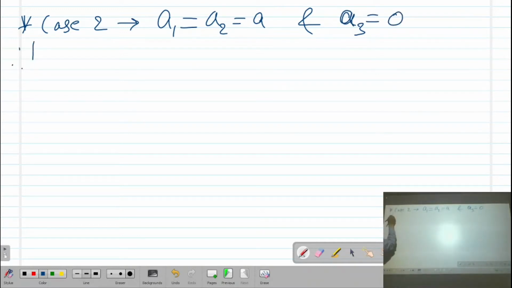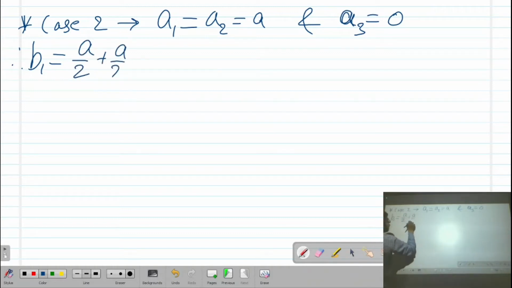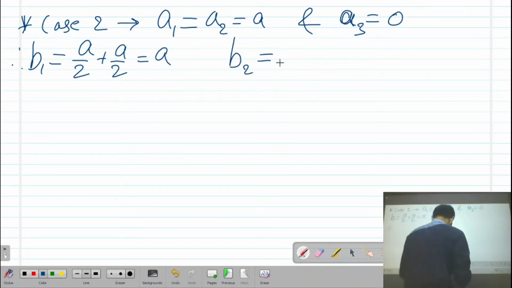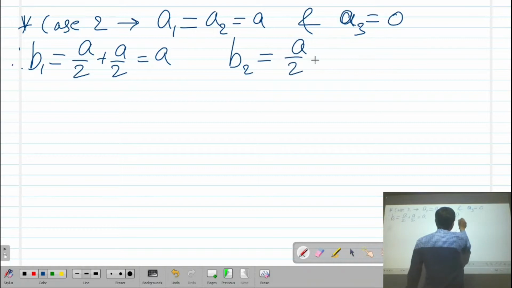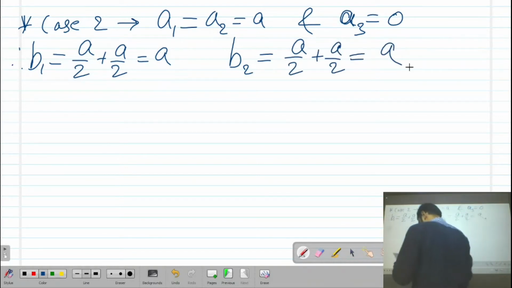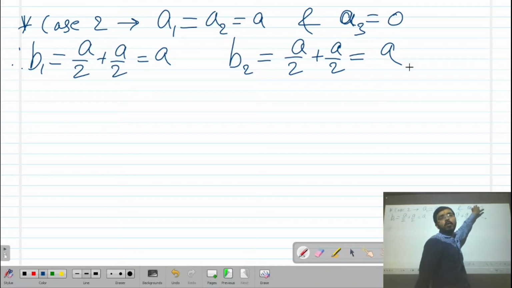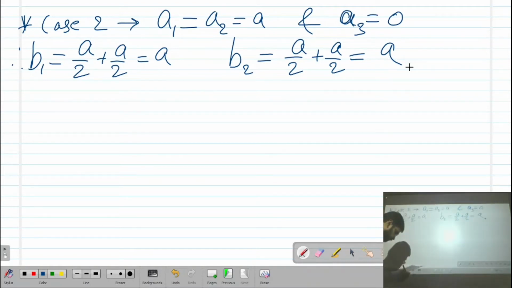Therefore, B1 is equal to A by 2 plus A by 2 is equal to A. B2 will again be A by 2 plus A by 2 is equal to A. This is when port 1 and port 2 are inputs and port 3 is not acting as input.